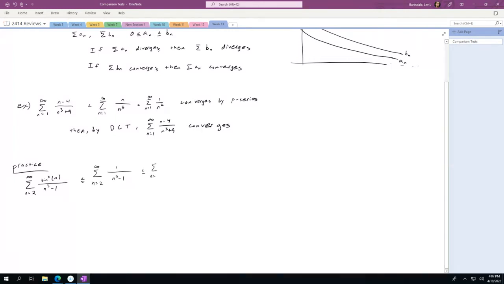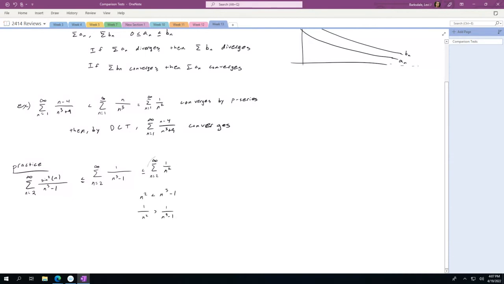But what we can do is compare it to 1 over n squared, because we can say that n squared is smaller than n cubed minus 1 when n is larger than 2, which means that 1 over n squared would be greater than 1 over n cubed minus 1.